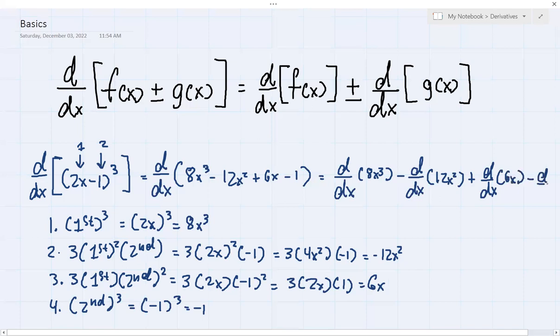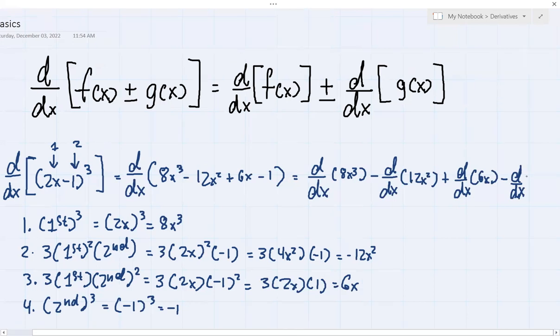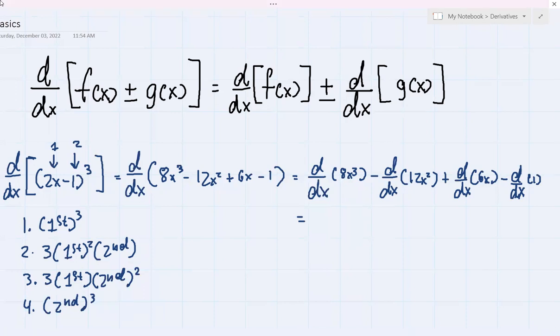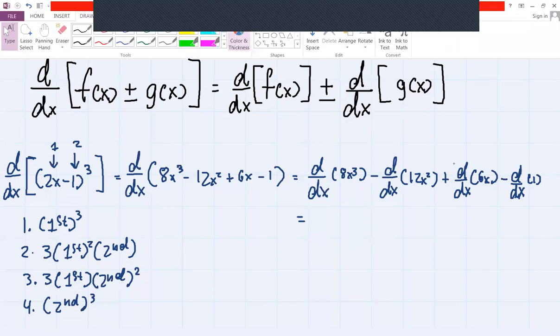Then, lastly, minus the derivative of 1. Okay? That's it. Since I have no more space, I'm going to erase this one. I'll erase only the answer, but not the steps, so that at least you have an idea, or you have time to copy, or at least screenshot. Anyway, let's proceed.